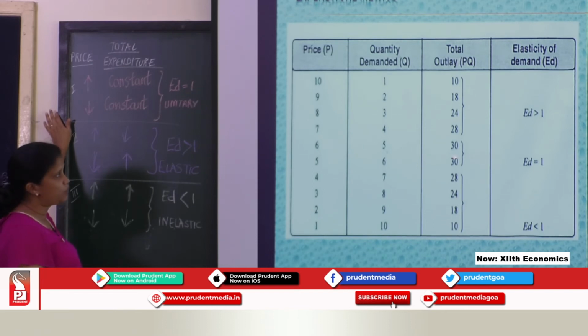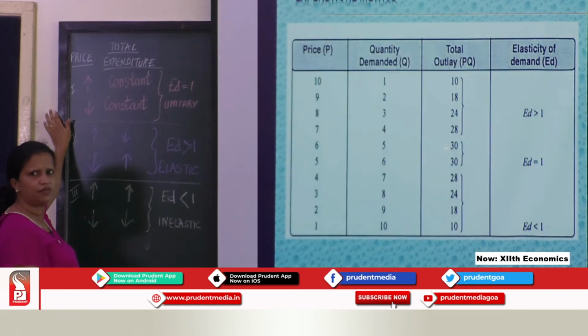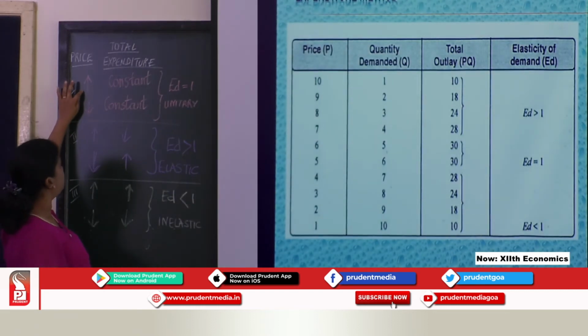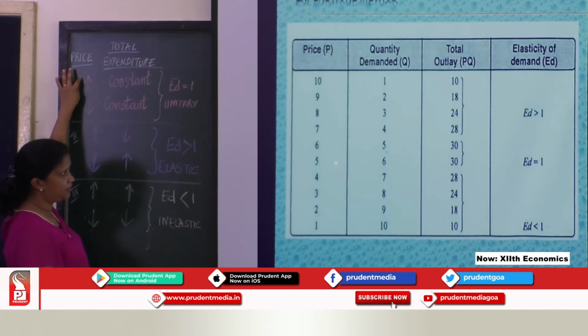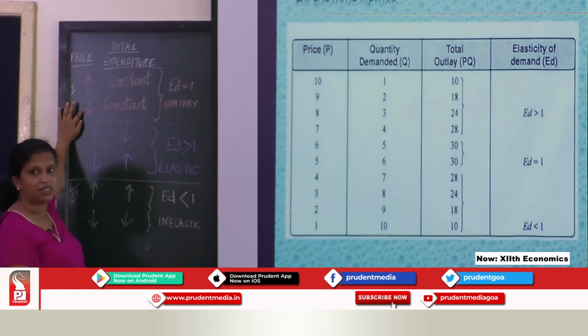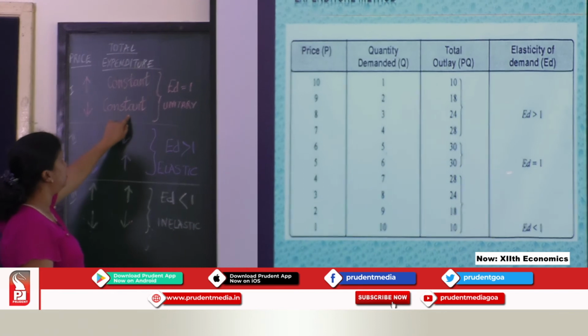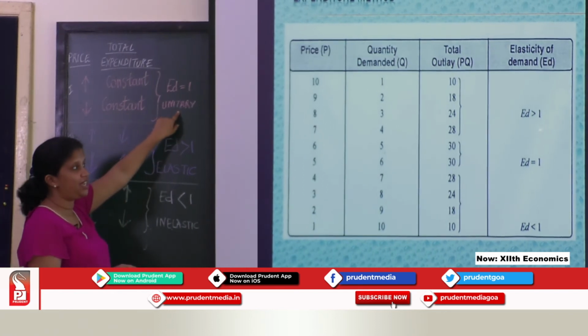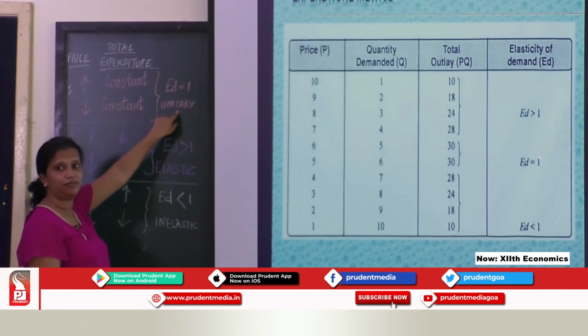Now, what happens when the price increases? Expenditure still continues to remain 30. So, although the price has increased, or if the price decreases, do you observe that the expenditure is remaining constant? Therefore, this shows that the ED value is 1, which is unitary elastic demand.